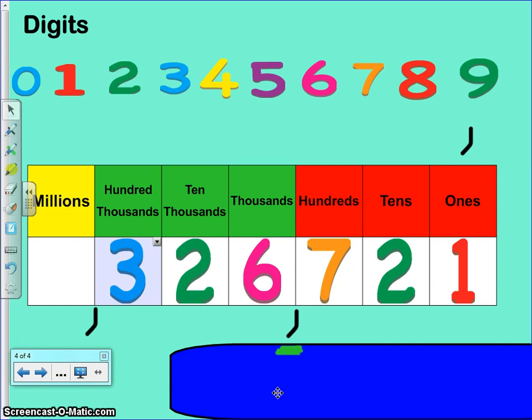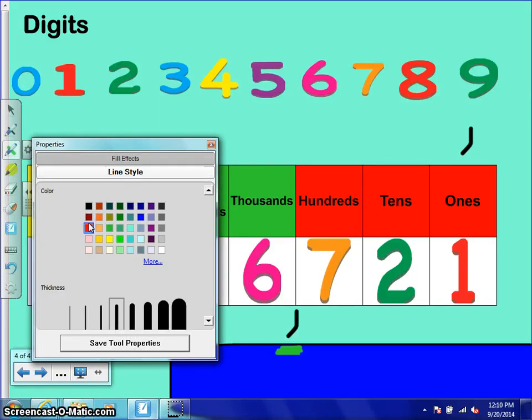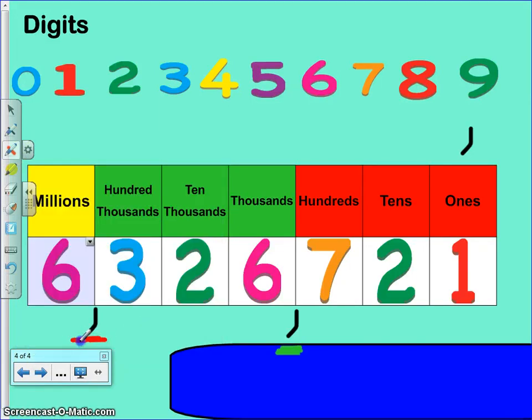Now, for instance, let's say I have this number, and we keep getting bigger and bigger. Well, now I look at it, and I see that I have two commas. I have one here, and then I have the one that's underlined in green.